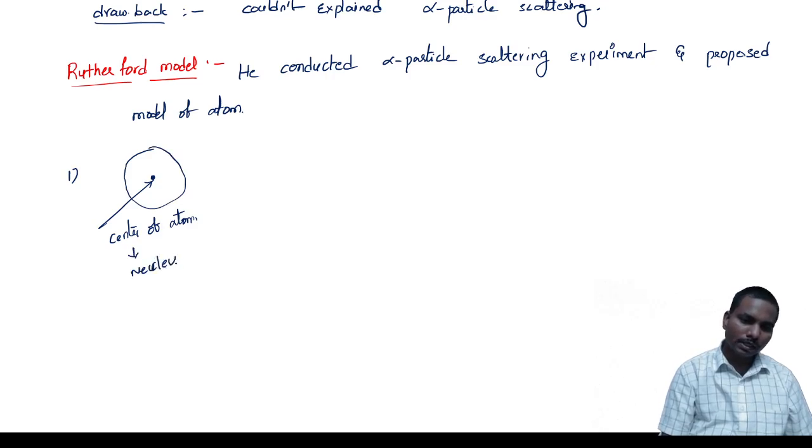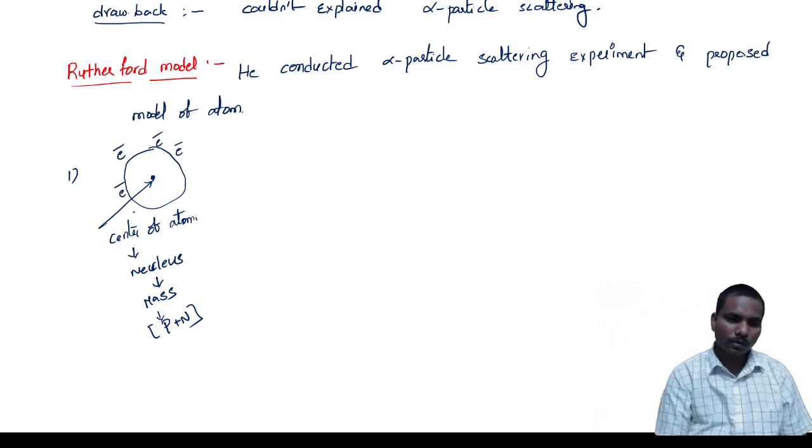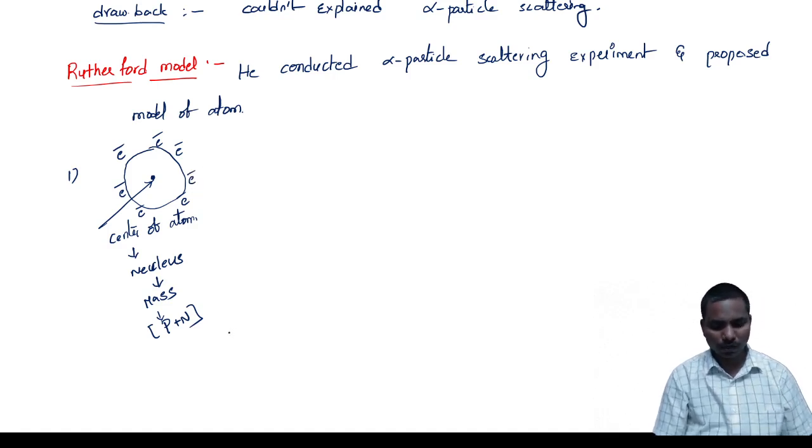This nucleus contains total mass. Mass in the sense protons plus neutrons, and the remaining electrons revolve around the nucleus.